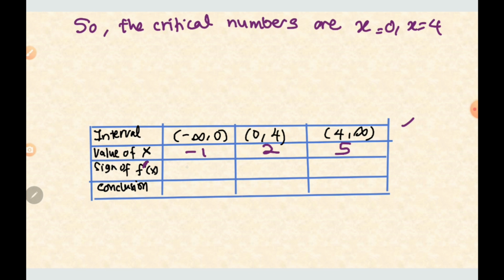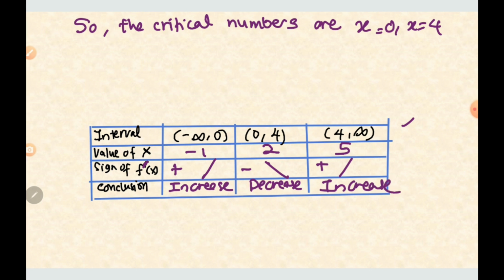When you substitute negative 1, the answer is positive, and the slope will be going up, and this one you will get negative, going down, and this one when you substitute 5 you will get positive. Okay, therefore your f x is increasing, the second interval is decreasing, the last interval increasing.